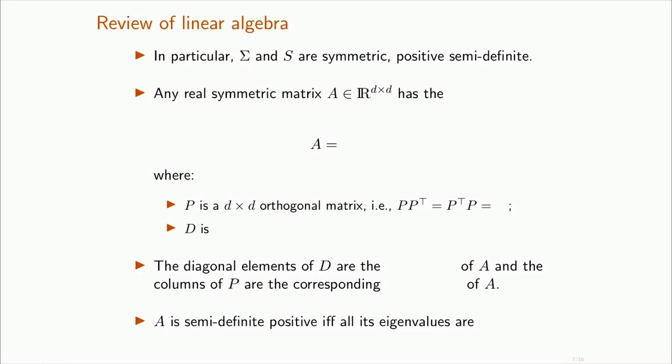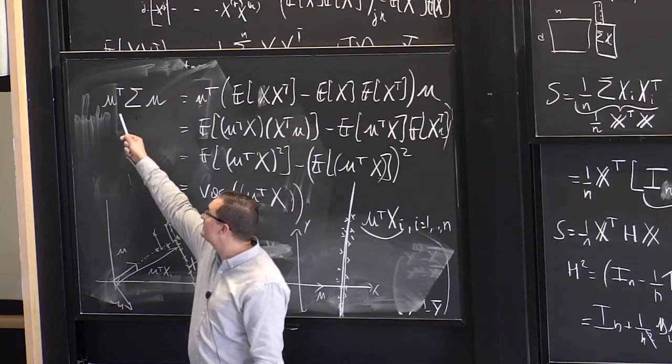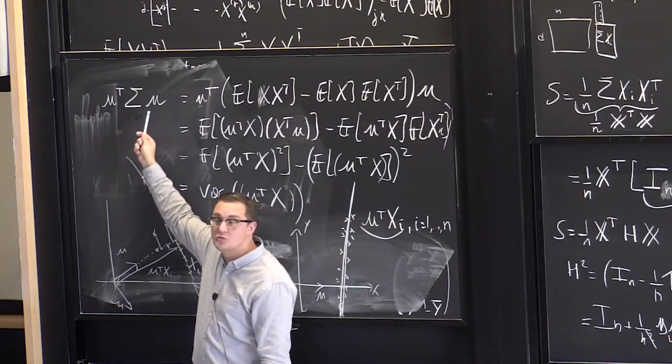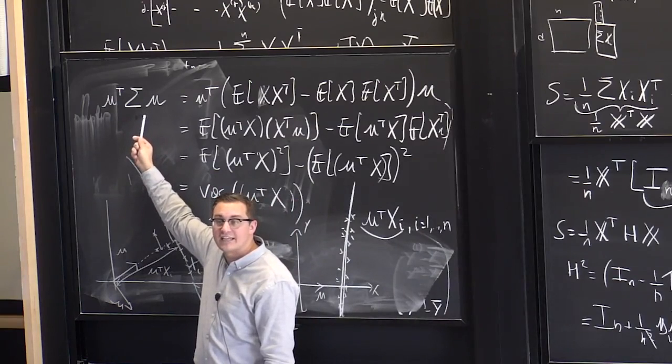Okay, and so the thing that we'll use that's probably a little more fundamental is this idea that if you start with a matrix which is symmetric and positive semi-definite, we know what positive semi-definite means, and for us it's certainly positive semi-definite because positive semi-definite means that if I look at u transpose Sigma u, I actually get something which is non-negative.